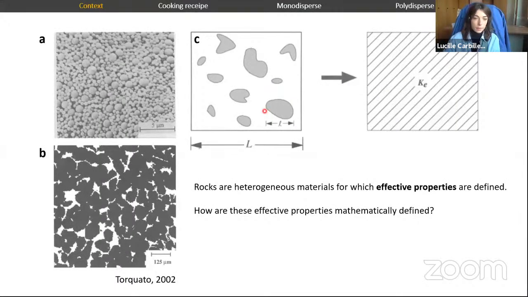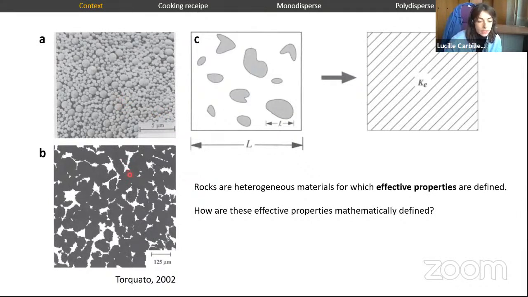So rocks that form the Earth crust can be viewed as heterogeneous materials. That is to say, materials that are composed of domains of different phases. Two examples of heterogeneous materials are shown in A and B. In A, you're looking at a system of hard spheres of 2 different sizes.